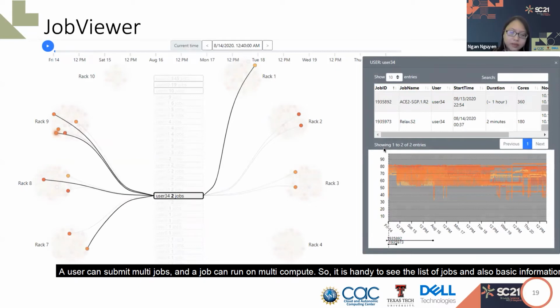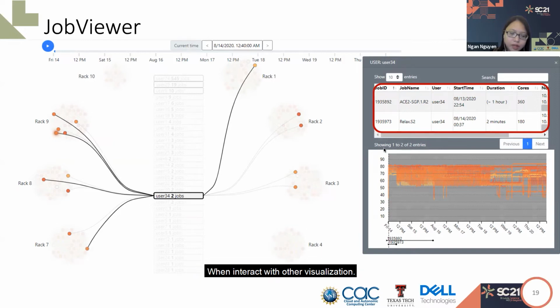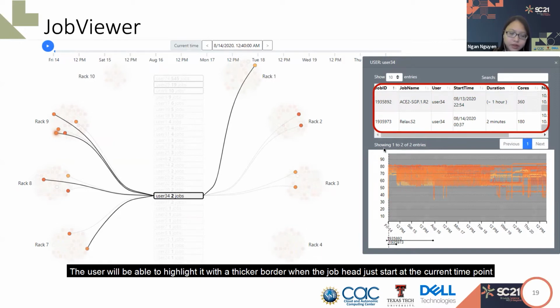A user can submit multiple jobs, and a job can run on multiple computes. So it is handy to see the list of jobs when interacting with the visualization. The user will be auto-highlighted with a thicker border when the job has just started at the current time point.